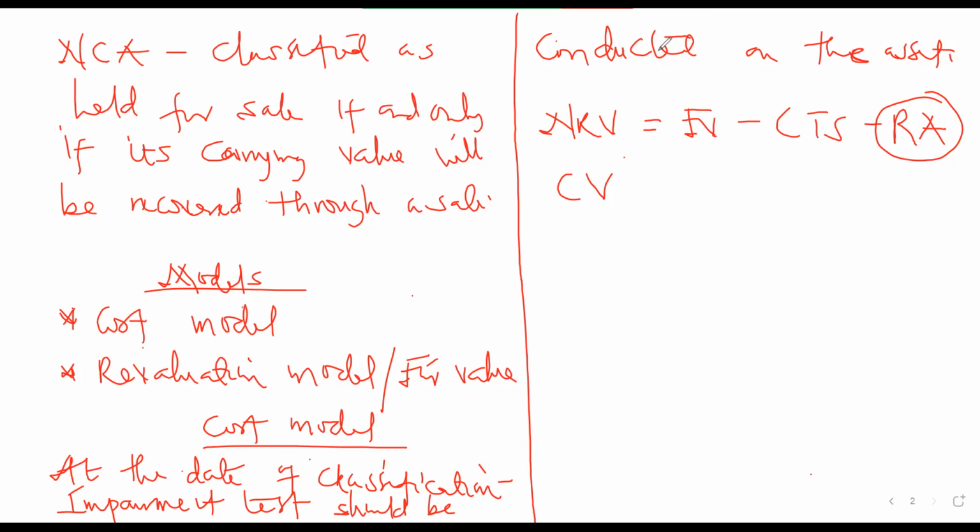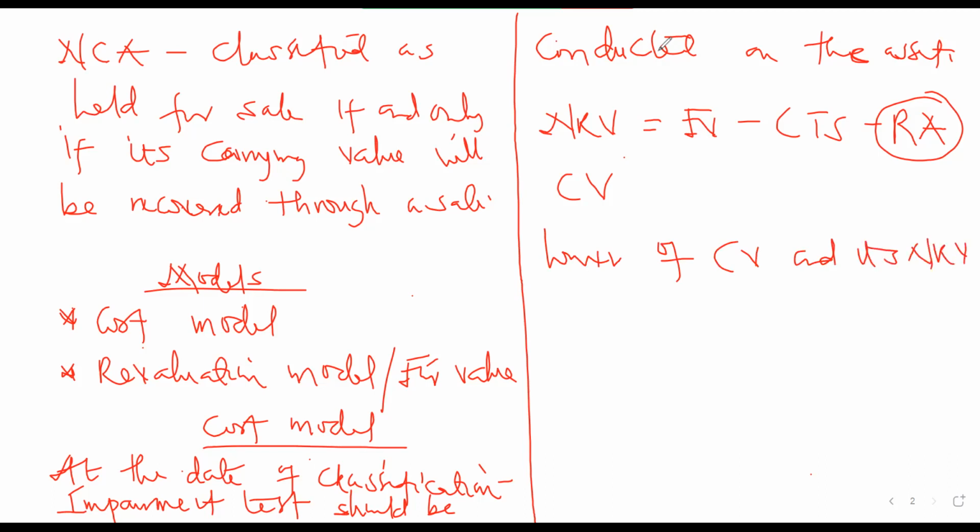So the lower of the cost, the lower of the carrying value and its net realizable value is just for the idea of the impairment test. So if the asset is carried under the cost model, at the date of classification, the asset should be classified at the lower of the carrying value and its net realizable value.